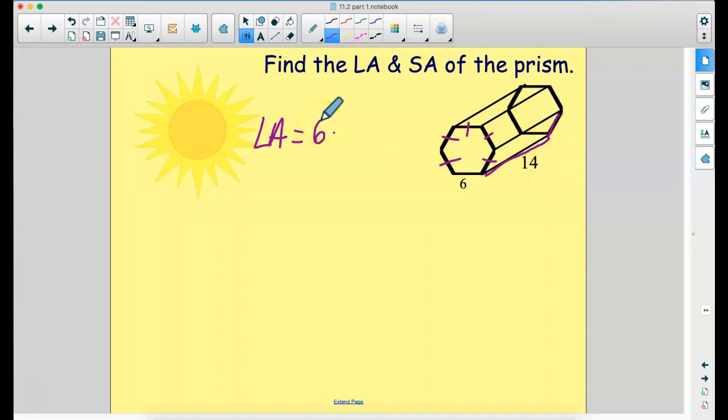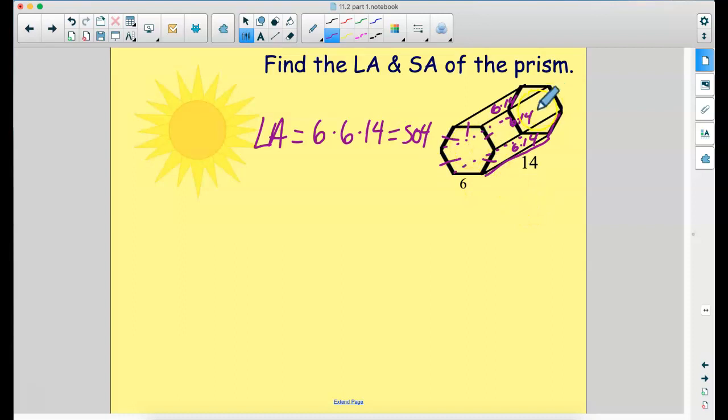And there are 6 of those. This is 6 by 14. This is 6 by 14. The top is 6 by 14. The left side is 6 by 14, the part you can't see there. The left kind of diagonal one down there. And then the bottom one is 6 by 14. So we have 6 sides that are 6 by 14. So that is 504.